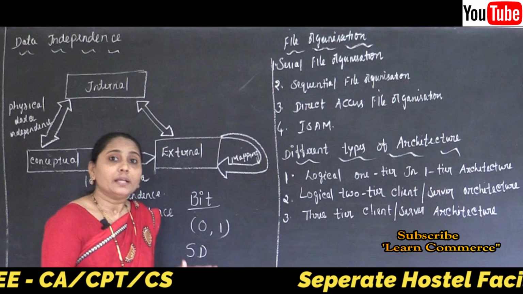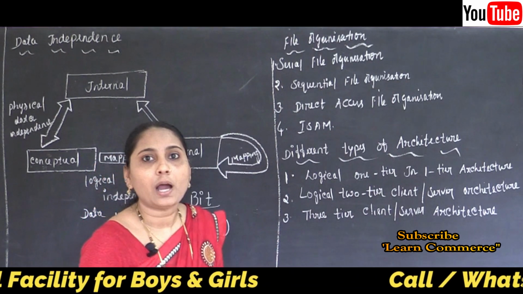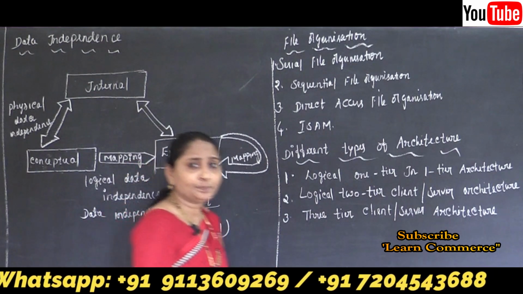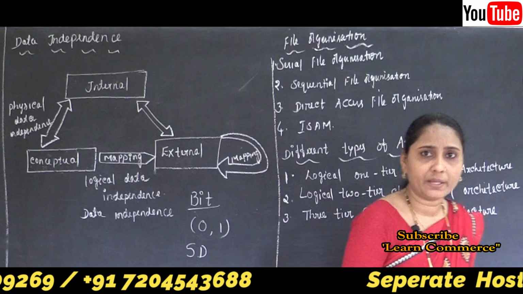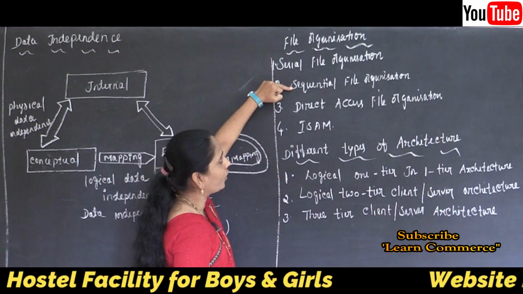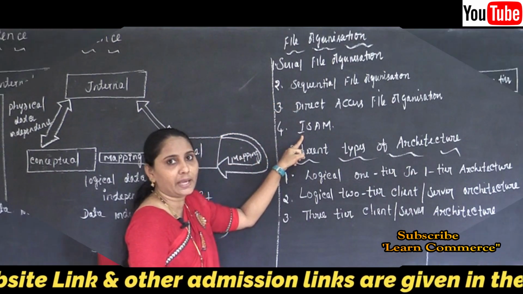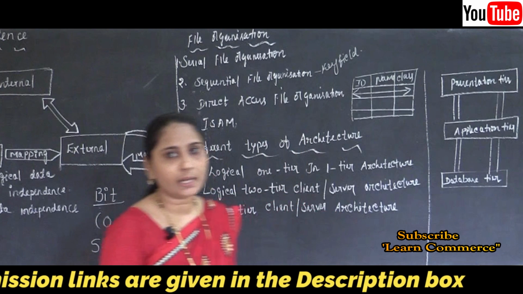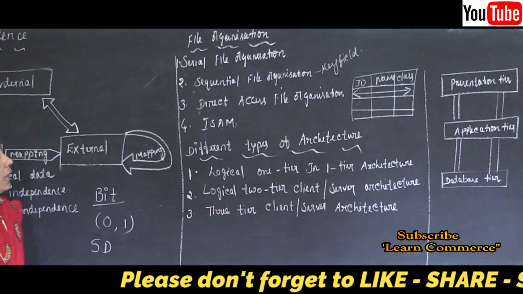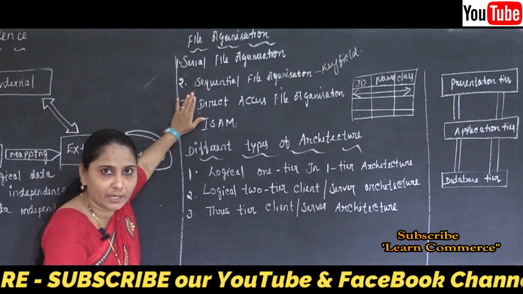There are three commonly used file organizations in DBMS data processing applications: the first one is sequential file organization, then direct access file organization, and ISAM. The full form of ISAM is indexed sequential access method. And we know that these are three important file organizations.